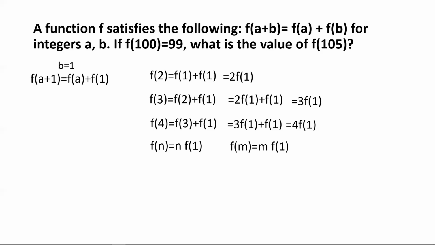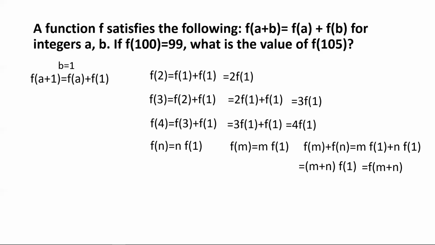Well, f(m) is equal to m times f(1), and f(m) + f(n) will be equal to m times f(1) plus n times f(1), and that will be equal to, we can take f(1) out, (m + n) times f(1). And now (m + n) f(1) is simply equal to f(m + n).